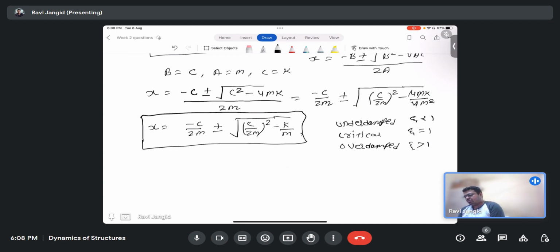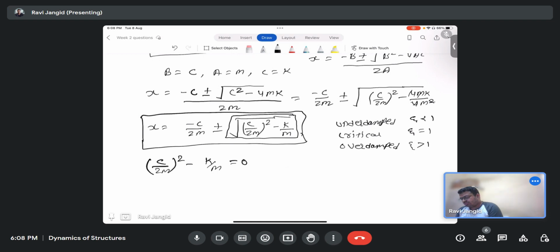So what is my system here? For the critical system, if I set the term to 0, that is, (c by 2m) square minus k by m is equal to 0.